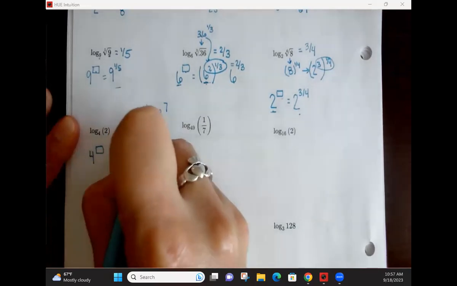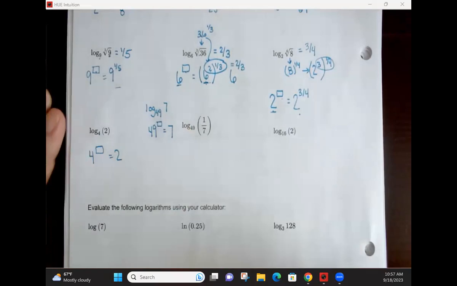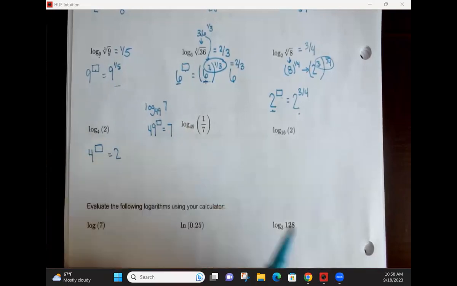So 49 to what power would give me 7? I want you to keep in mind, we are not dividing. I don't want you to tell me 49 divided by something to give me 7, although that's probably the easiest question to answer. What would I do to 49 to get 7? You cannot tell me divide. What else can you tell me?